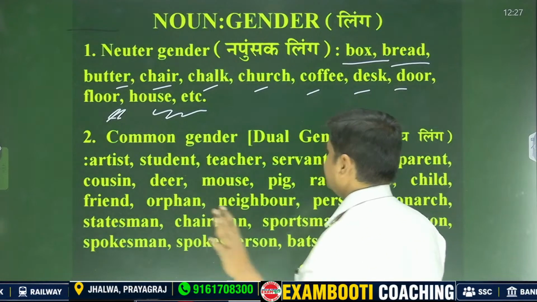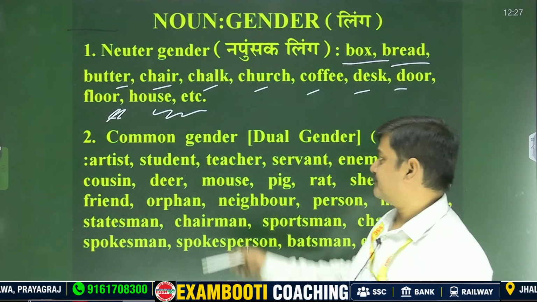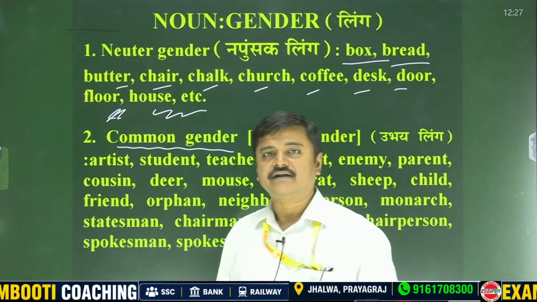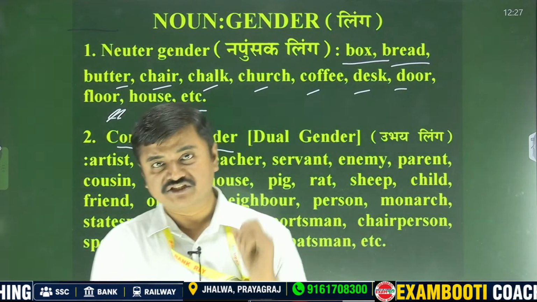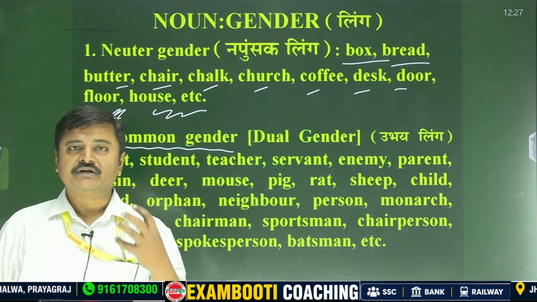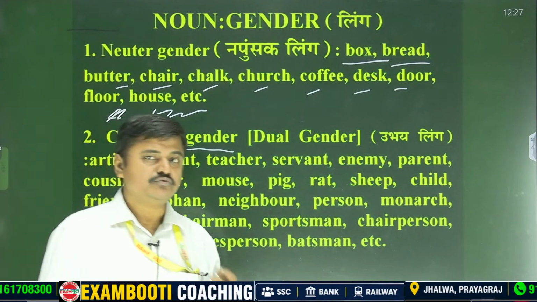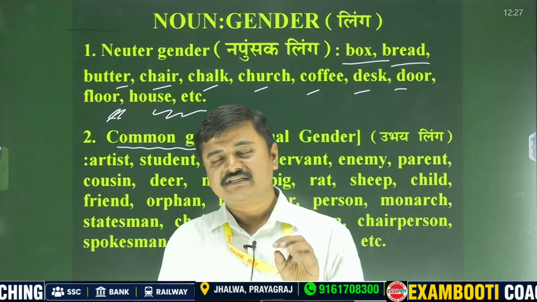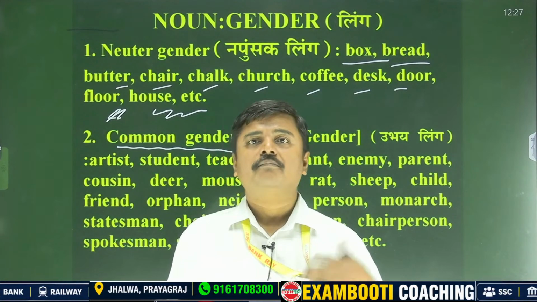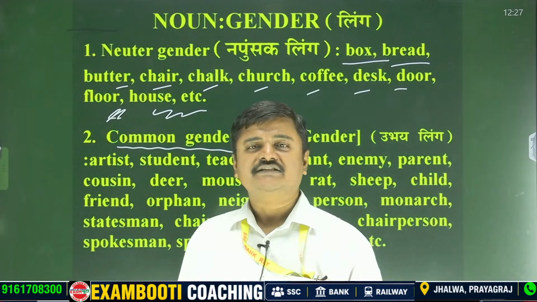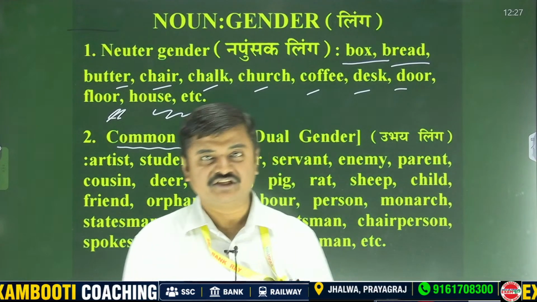Very easy to understand. Let's talk about the second gender, that is common gender, also known as dual gender. All the nouns that can be used either for male or for female can be categorized under common gender or dual gender.